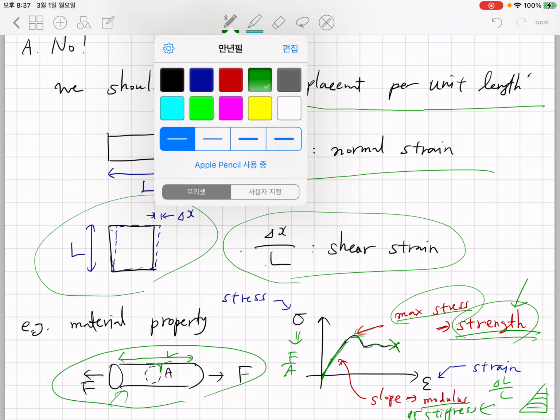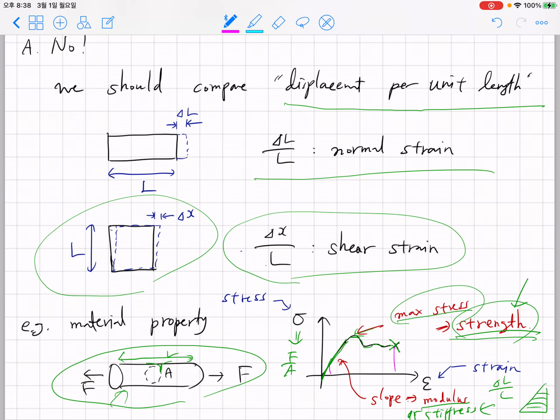And one more thing: if we take this area, we call that the toughness modulus. So when somebody says a material is tough, strong, or stiff, tough, stiff, and strong refer to different meanings in material property.